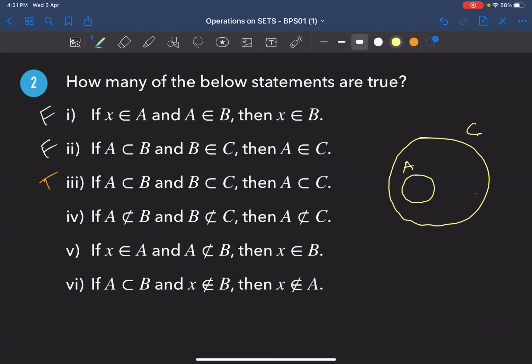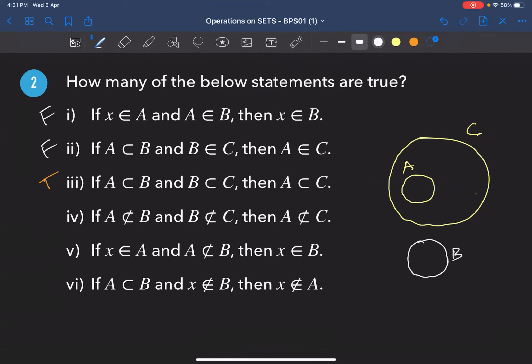Now, suppose A is not a subset of B. What do I need to do? I just have to have some elements which are there in A but not in B. Simple, right? Maybe all elements in A are not present in B. So if I have B outside, then what will happen?